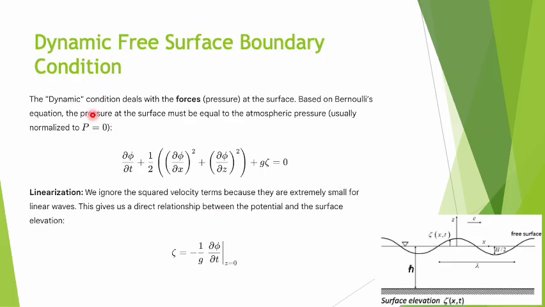The dynamic boundary condition at the free surface is related to the balance of forces, or equivalently the pressure. It is based on the Bernoulli principle, which provides a relationship between velocity and pressure.